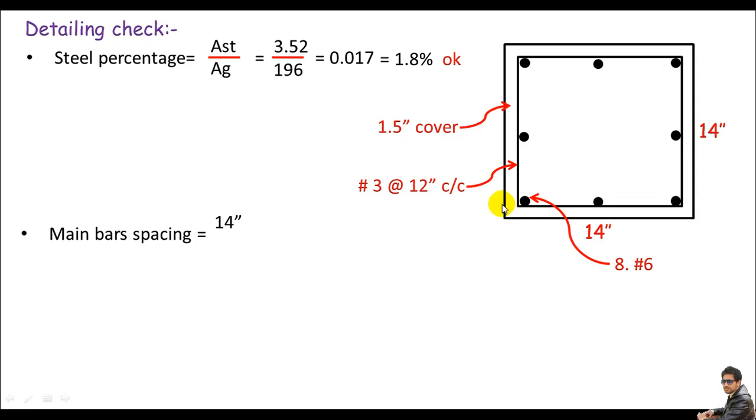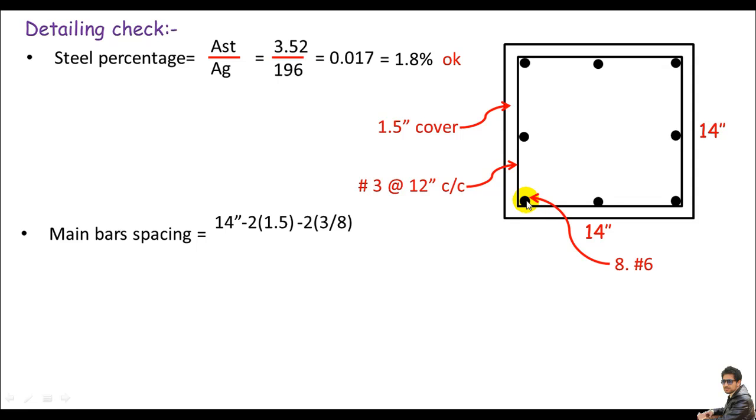I'll subtract 2 times concrete cover, and the concrete cover is 1.5. I also want to subtract 2 times tie bar diameter, because I just need the clear concrete over here, which is number 3.